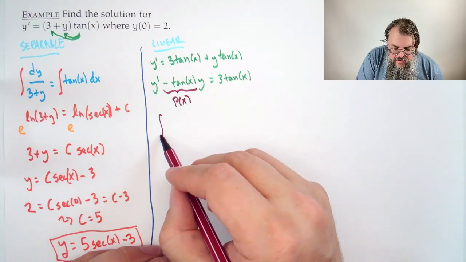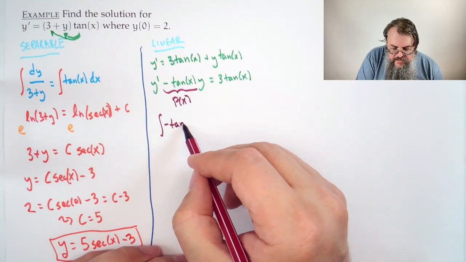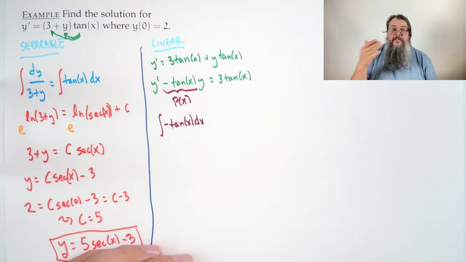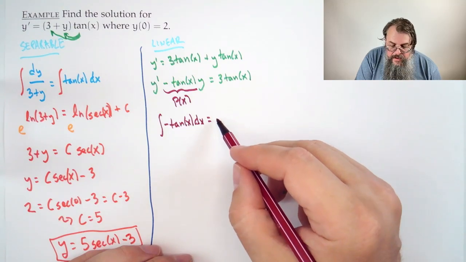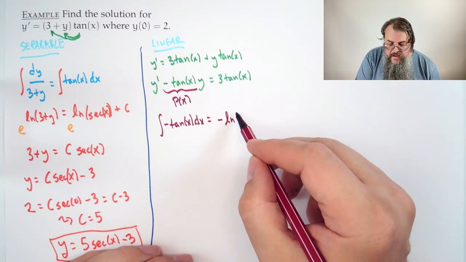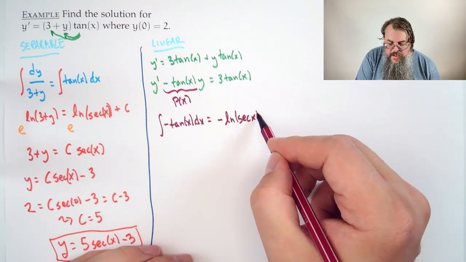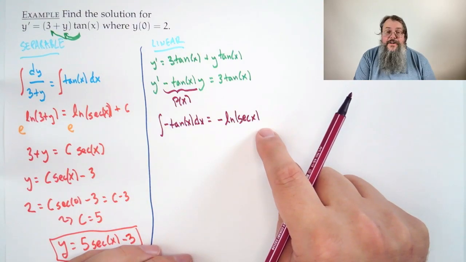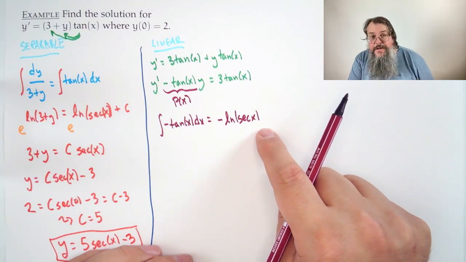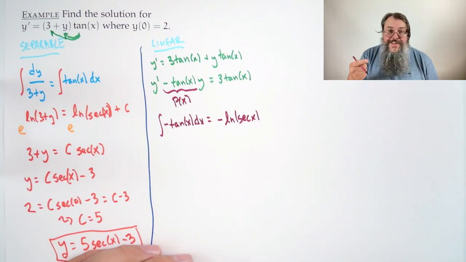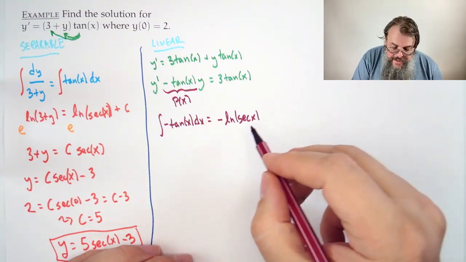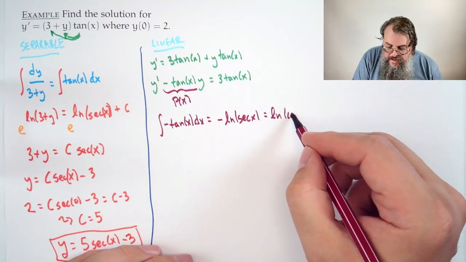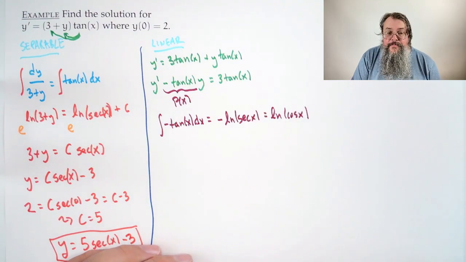So the integral of minus tangent of x dx: the integral of just tangent is log secant, so we can write this as minus log secant, but really we can put the minus back inside as a power. Secant to the minus 1 power is 1 over secant, and 1 over secant has another cool name: cosine. So log cosine x.